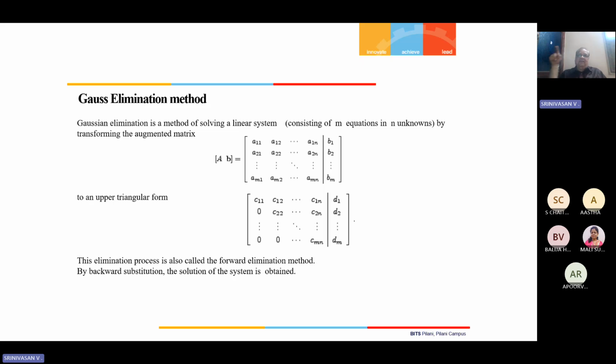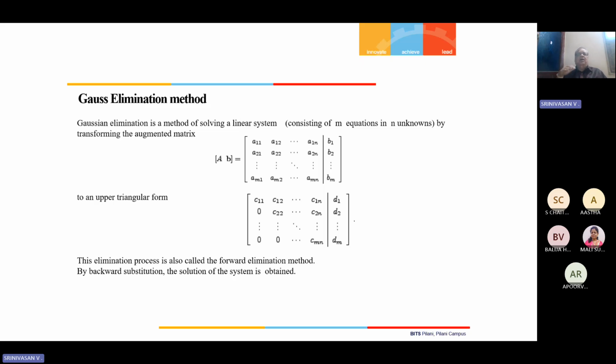So this is what exactly we are getting, reducing the augmented matrix that we write from the given set of equations into its corresponding echelon form, preferably upper triangular matrix. And this is what we do by performing elementary row operations, that is, operations of addition, or multiplying a particular row by a constant multiple and then adding it to, or subtracting one row from the other.